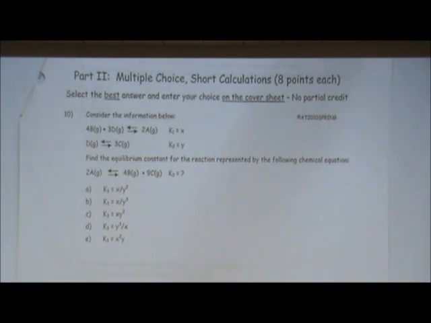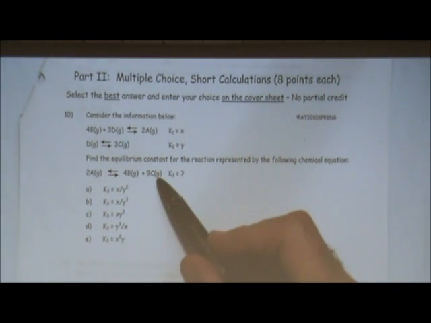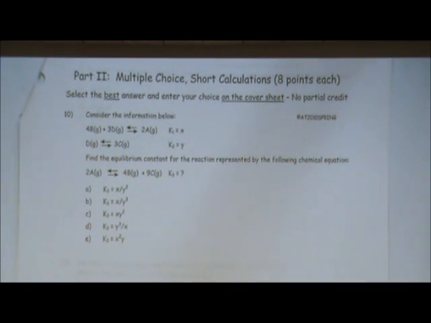But we know that if we manipulate the first two equations the problem is giving us in such a way that by adding them we can obtain this equation that we are looking to find the equilibrium constant, then we know that the equilibrium constant of the equation we are looking for will be the product of these two equilibrium constants, right?